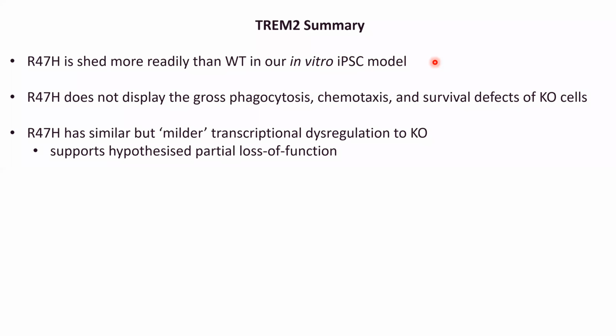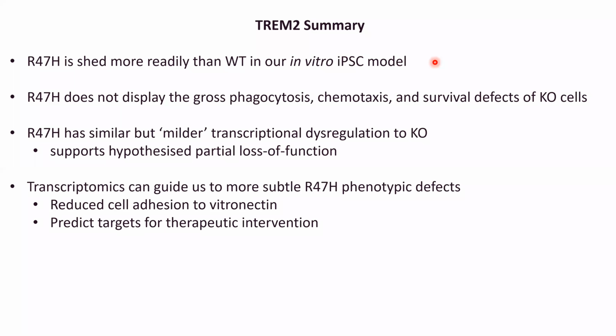So this supports the hypothesized partial loss of function. And it shows us that transcriptomics can guide us to these more subtle R47H phenotypic effects, such as cell adhesion to vitronectin, and it can help us to predict targets for therapeutic intervention.